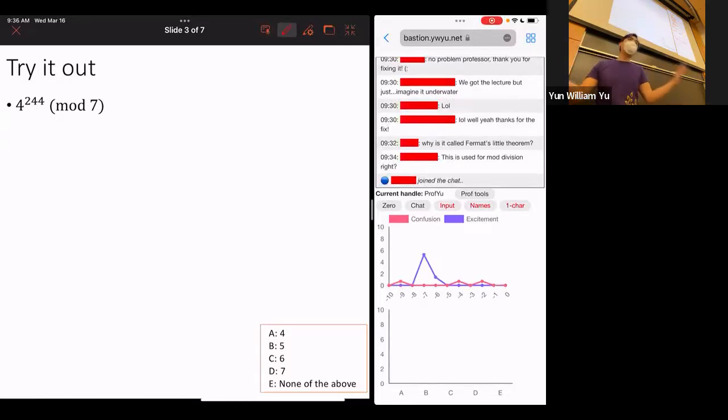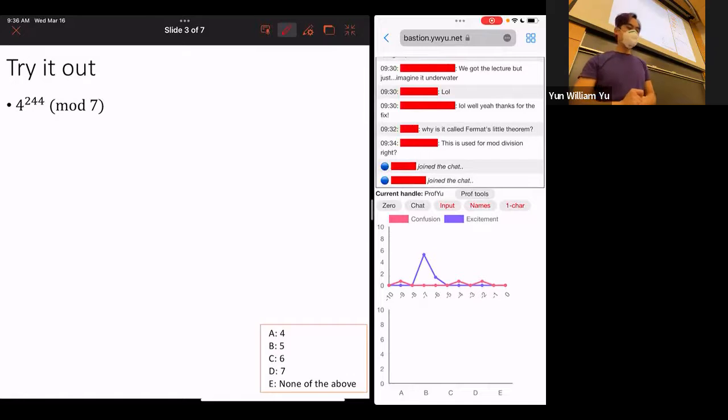Now, of course, you could do this by using powers of 2 and breaking up 244 into 128 plus 64 plus so on. But we now have an easier way of doing it. That only works, mind you, when p is prime.